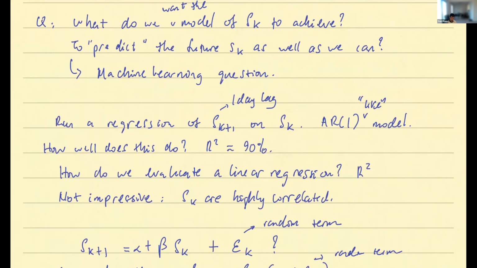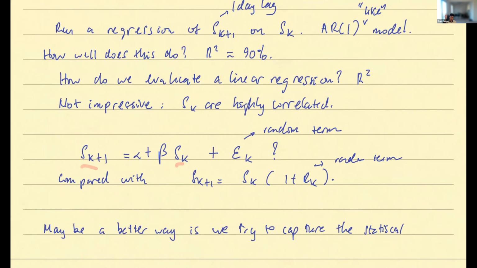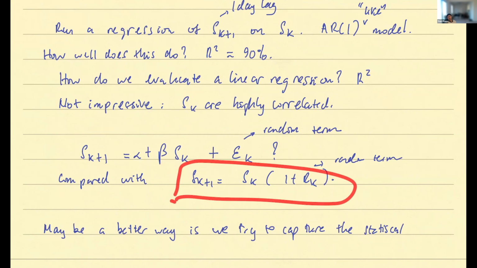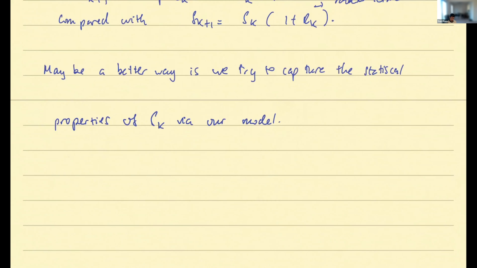So in this sense, you realize that this model is very much data driven, in the sense that you have to see the realized value of the stock to get alpha and beta. This model we can discuss in the classroom without seeing any data, because anyone would agree that the stock price in the future is the stock price in the past times 1 plus return. Something like that is what I mean by capture the statistical properties. You want to understand intrinsically what this model is about, rather than let data drive the model.